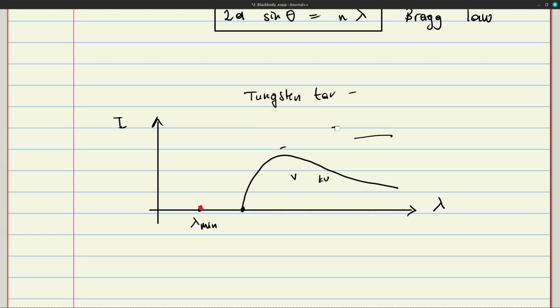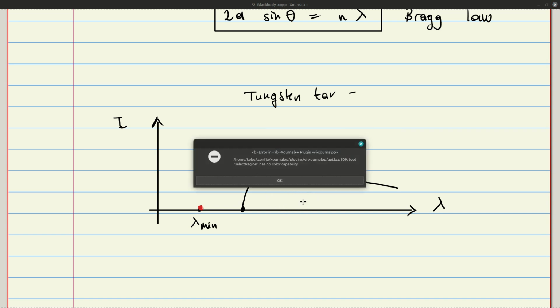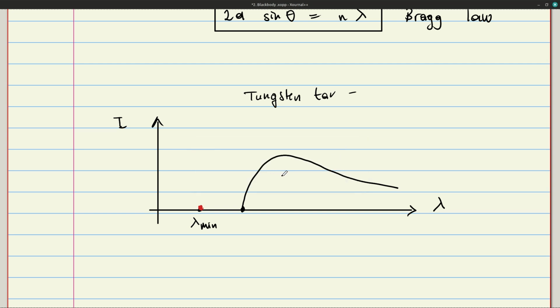What you are going to find is not only this Bremsstrahlung spectrum, but there will also be peaks like this. This is what I call the K line.